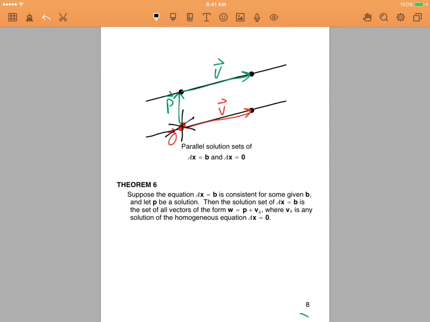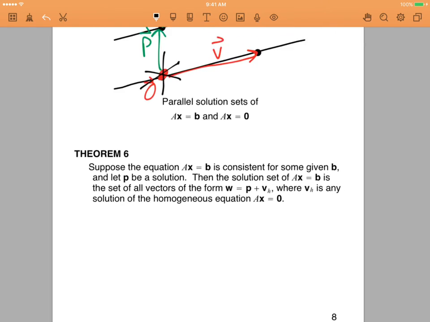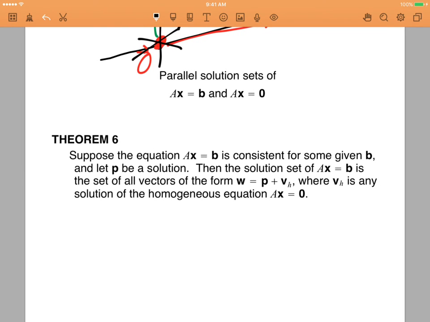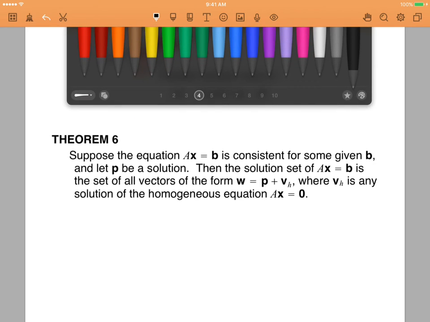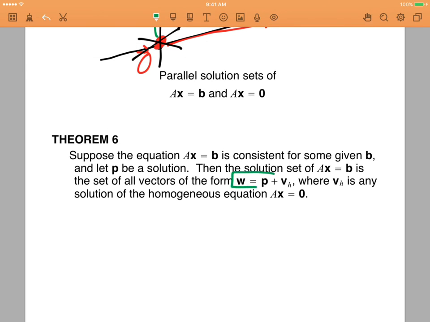And then theorem 6. So this makes the connection of that structure where if you are solving any system of equations, or specifically a non-homogeneous system, but this theorem applies regardless, then the point is that the solution set has this kind of structure where P is, and now we should give it the name, P is a particular solution.